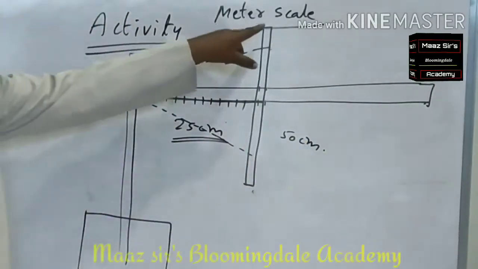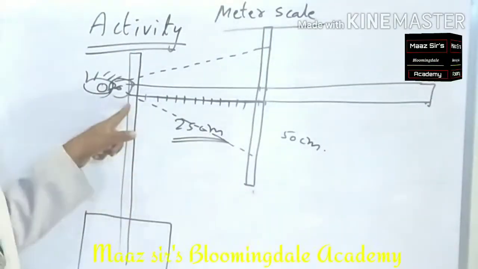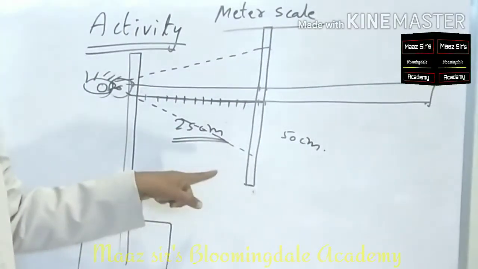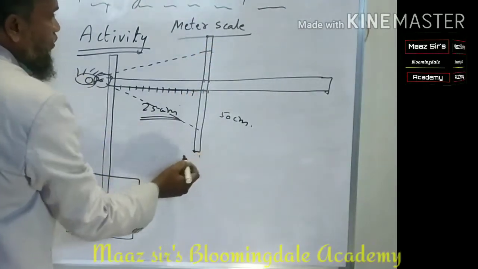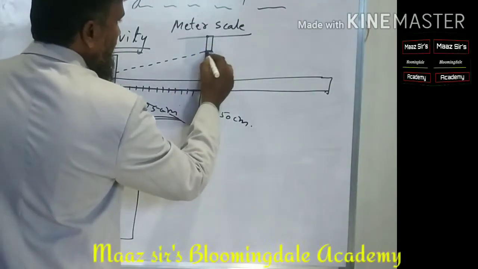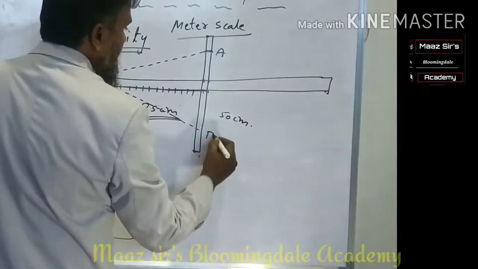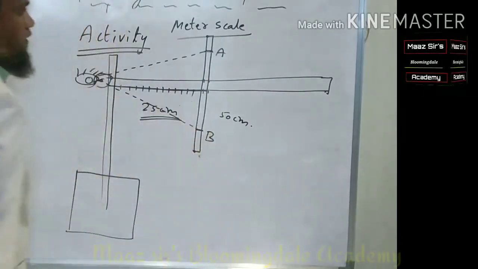Now can you see the whole object from this point? No. This part from here. Can you see this and this? No, only you can see this part only. This A and B. This part only you can see.